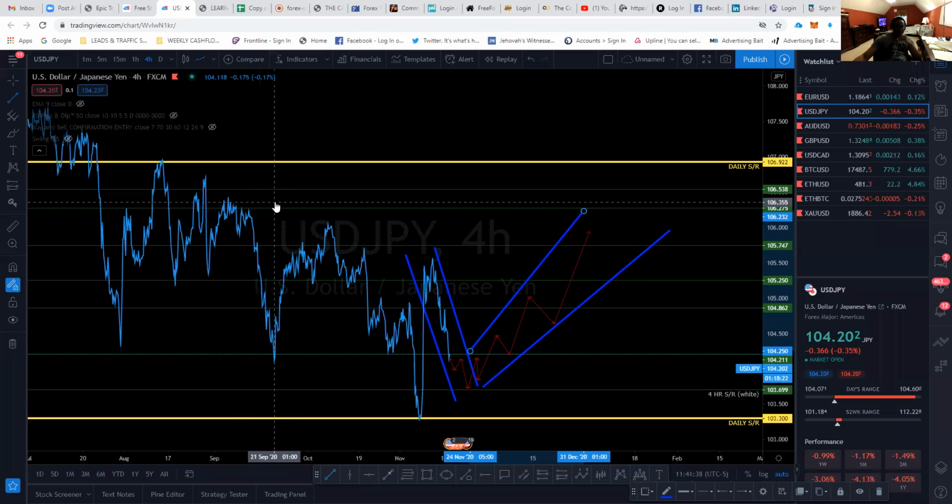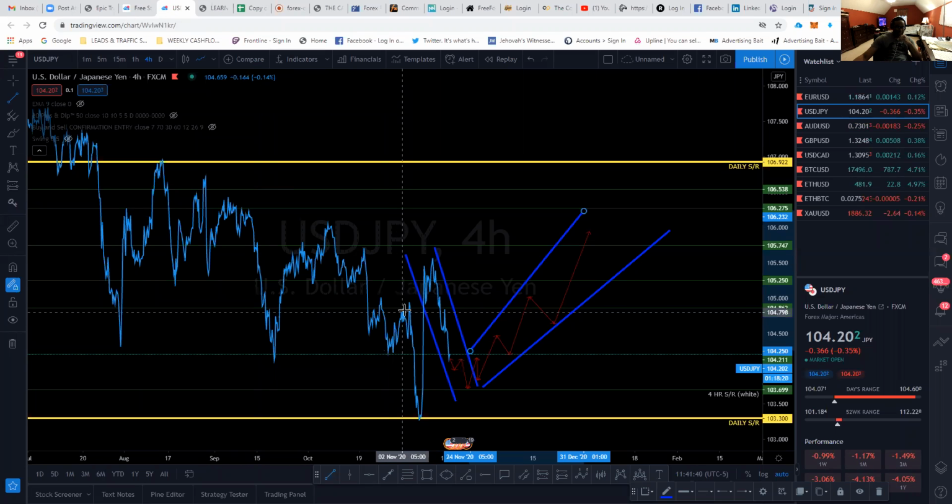What do we mean by continuation pattern? Well, as you can see, price went into an uptrend right here, went to a downtrend, and now it's continuing into an uptrend. That's why it's a continuation pattern.